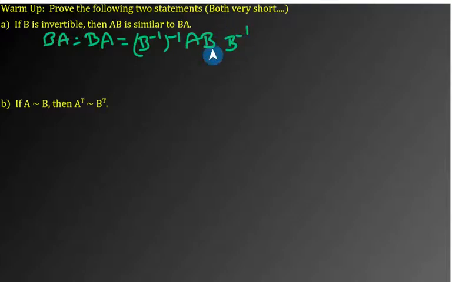This part right here cancels to an identity, so it's basically not there. I'm just writing something for purposes coming up. Then B inverse is B, so this whole big messy thing is just BA.